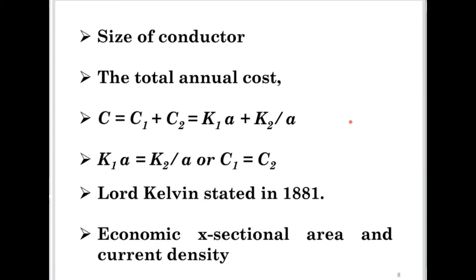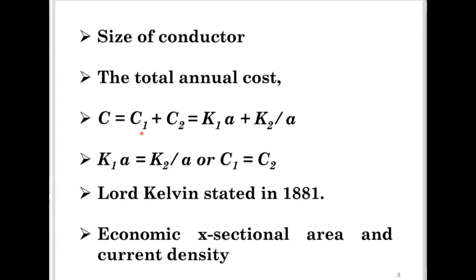It says that if you use a larger diameter conductor, you spend more money, meaning your cost of conductor is directly proportional to the cross-sectional area of the conductor, where the cross-sectional area of the conductor is small a, and the cost of conductor is C1. So the fixed or standing charge is directly proportional to the cost of conductor.